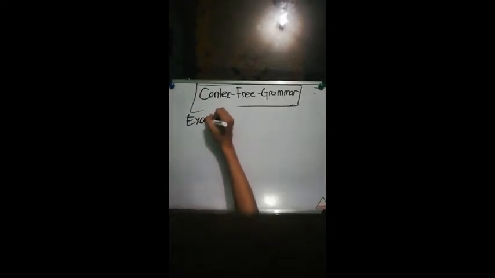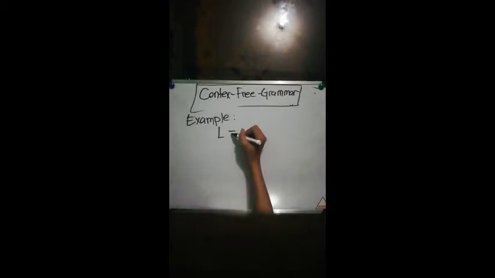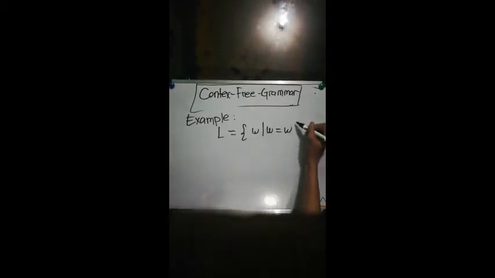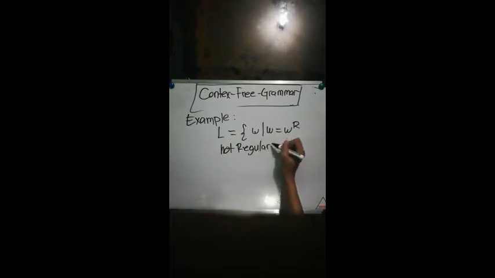So, let's take an example. We take the problem of a palindrome language, which cannot be described by means of regular expressions. That is, L is equal to w such that w is equal to w reversed. It's not a regular language, but it can be described by means of CFG.